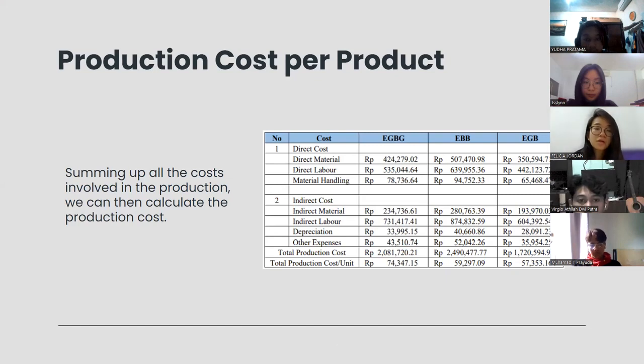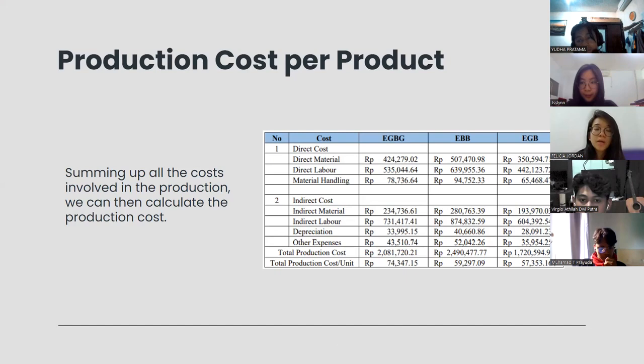So after we know the demand for the three products, we calculated the production cost per product. We sum up all of the costs involved in the production, then we can calculate the production cost for each product.